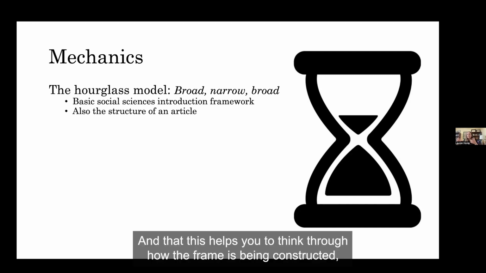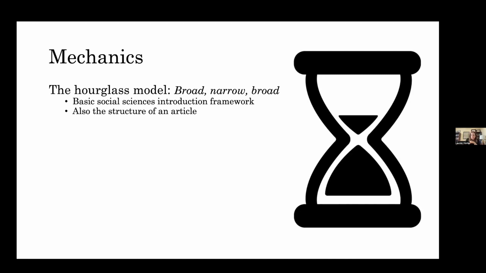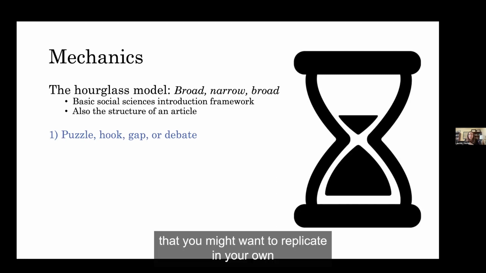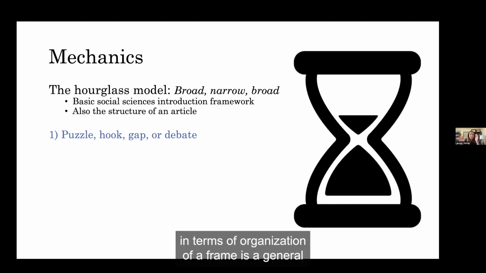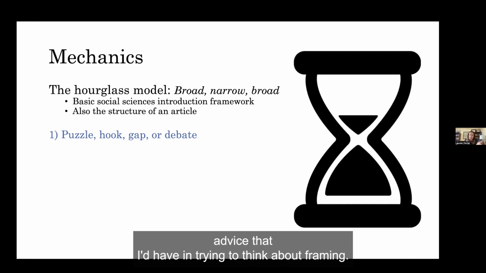This helps you to think through how the frame is being constructed, because it can be constructed in different ways. So being mindful of the mechanics of other scholars' work that you might want to replicate in your own organization of a frame is a general piece of advice that I'd have in trying to think about framing.